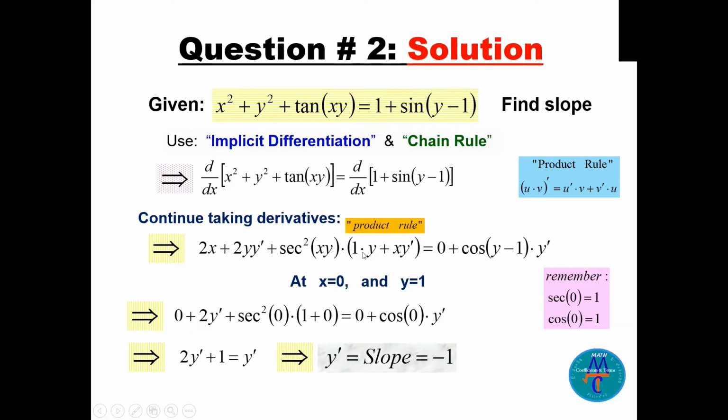Xy, that's 0, 1 times y is 1, x times y prime is 0, cosine of 0 times y prime. So when you solve everything for y prime, you get 2y prime plus 1 is equal to y prime. Take y prime on the other side, so the derivative will be minus 1, which is the slope, minus 1 at the point (0, 1).